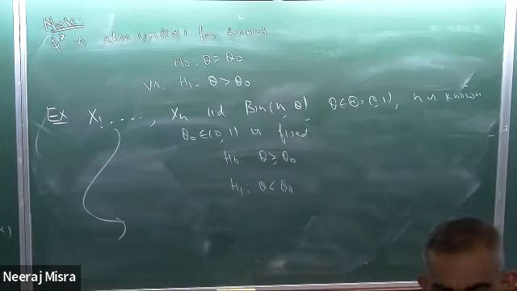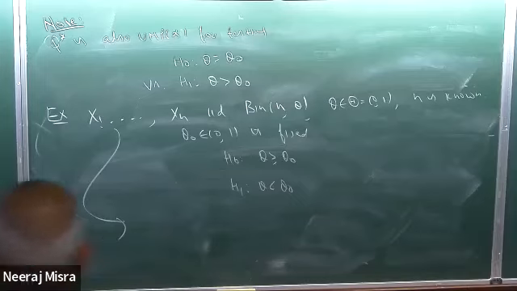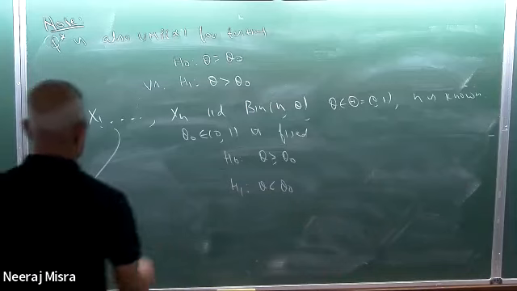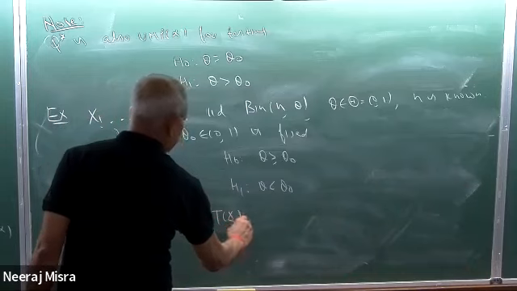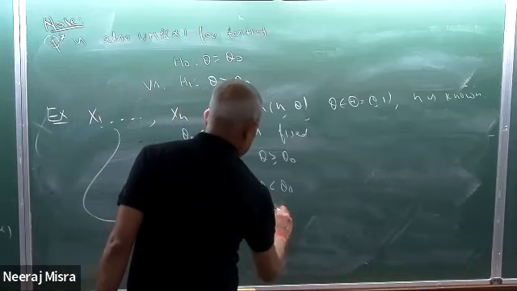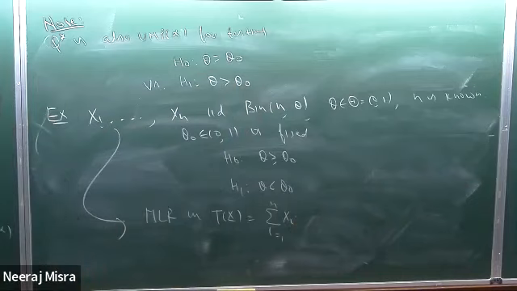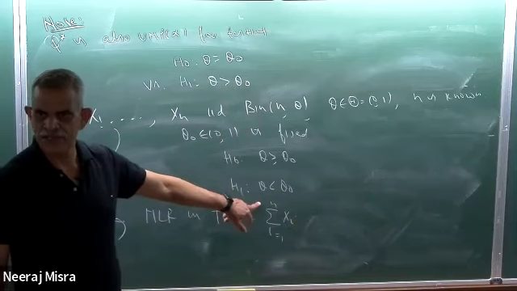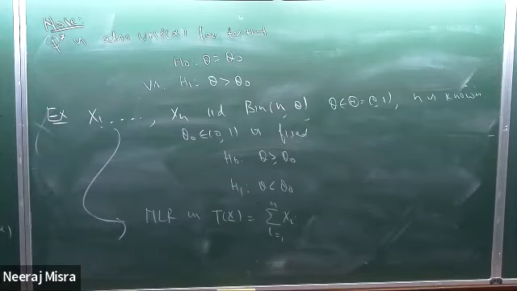And what would be your T? Summation xi. In this case, I'll take summation xi because I know the distribution of summation xi, right? So it has MLR in T(x) or X bar, which you know has a binomial N and theta distribution. In this case, the alternative is smaller values of theta. So you reject for smaller values of T.